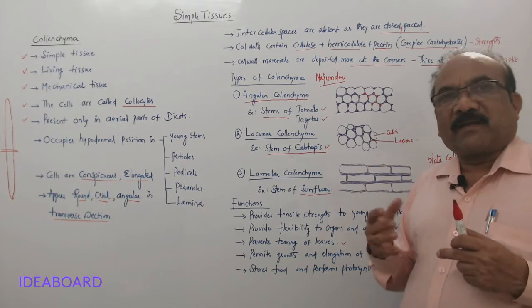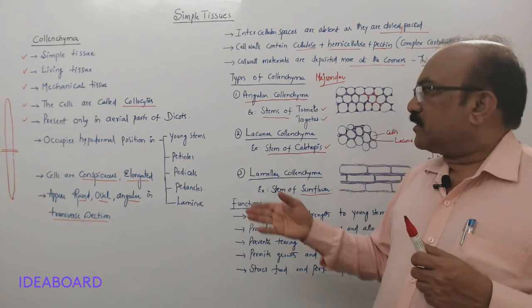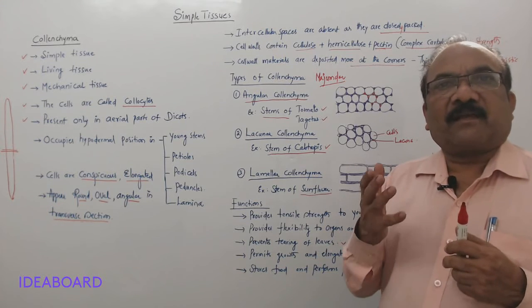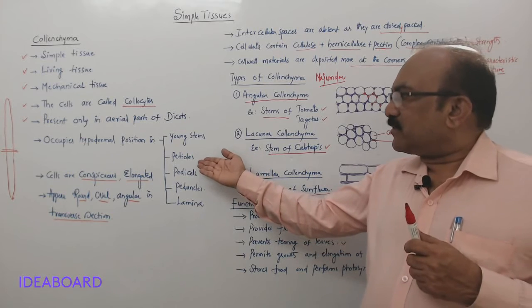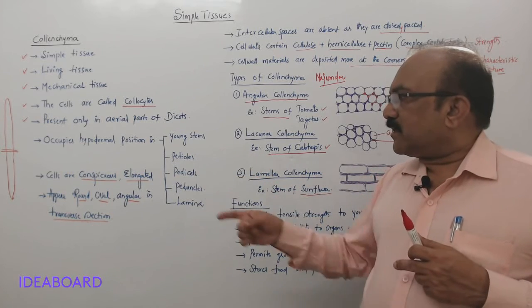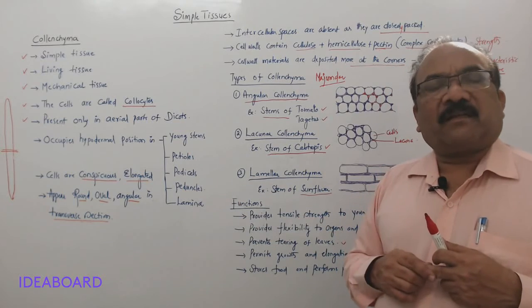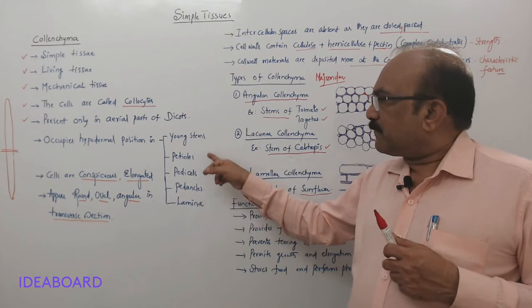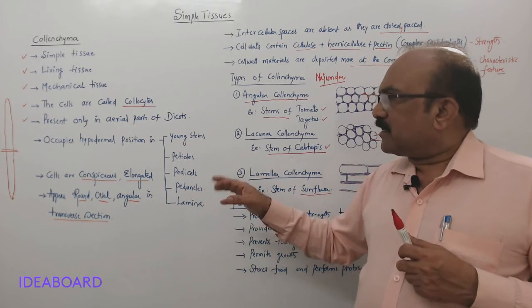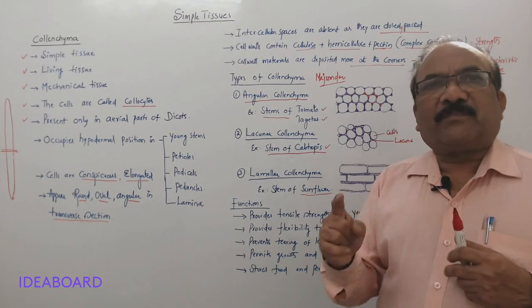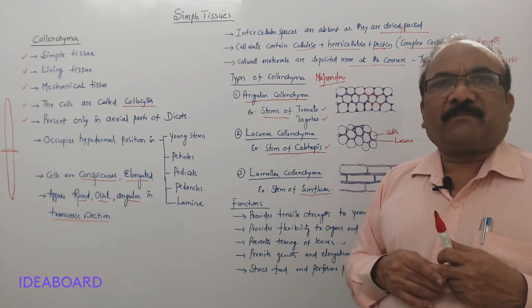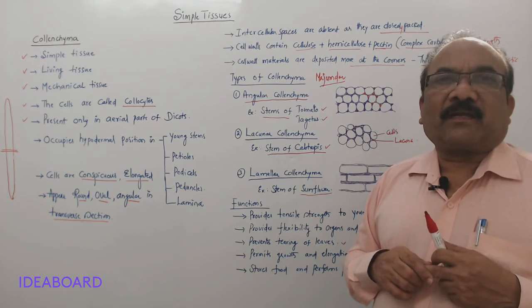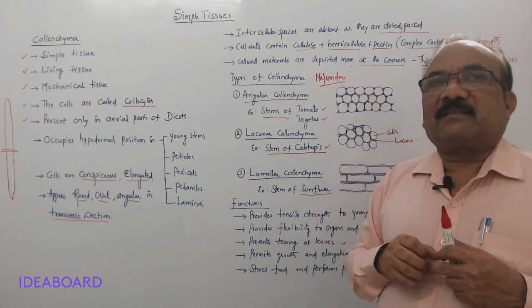So the collenchyma may contain chloroplasts also, and especially, what is the color of the young stem? Everyone can say that young stems are green in color, and you can see these petioles are green, pedicels are green, peduncles are green, and lamina, of course, is green. But I am talking about these four: the young stems, petiole, pedicel, peduncles. They are all green in color, not due to the epidermis. Epidermis is composed of parenchyma, but that epidermal parenchyma doesn't contain any chloroplasts except the guard cells.